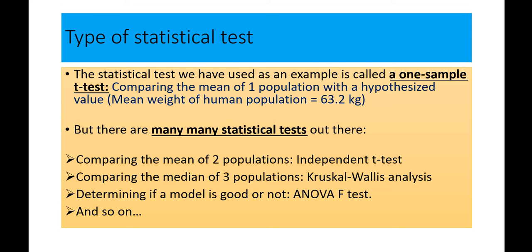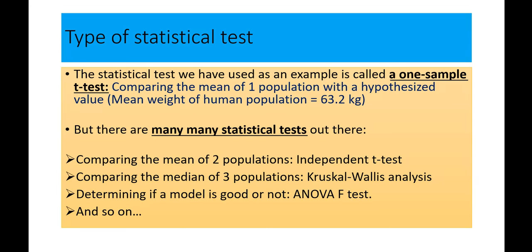A statistical test we have used as an example here is called a one sample t-test. But you have many statistical tests out there. This is just the example where we compare the mean weight. So basically what we are doing is comparing the mean of one population, here the world population of human beings, okay, with a hypothesized value, okay.